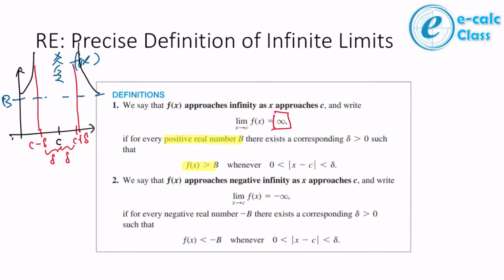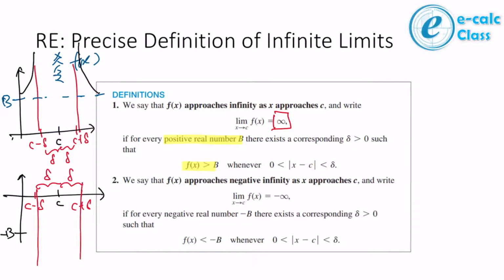Then what happens when we want to say that it is negative infinity? It's the exact opposite. Now your b is negative, so negative b is here. Your c is still here, c minus delta, c plus delta. From here to here is delta, from here to here is delta.